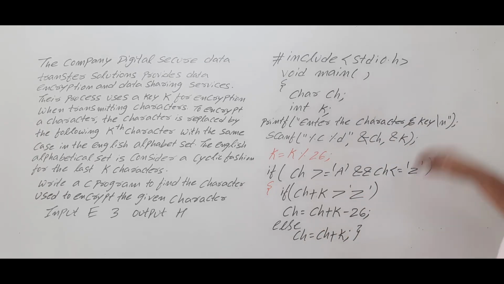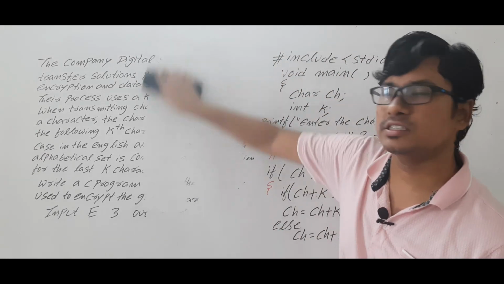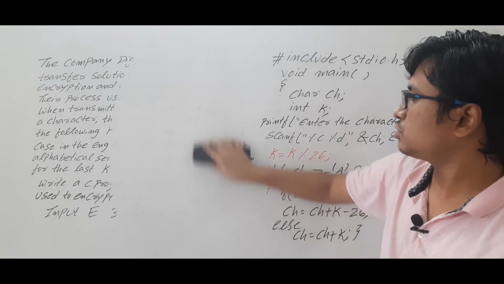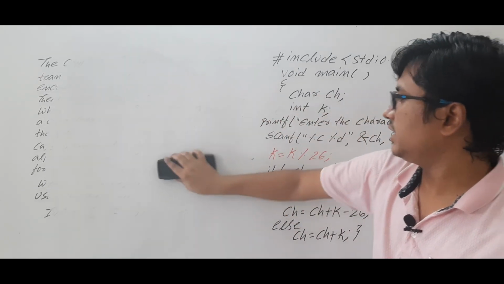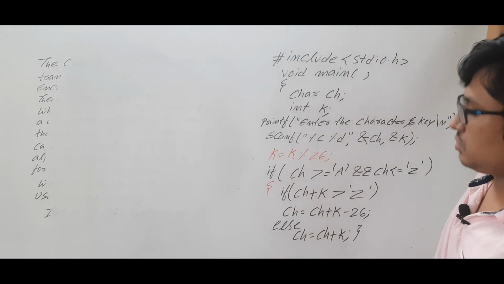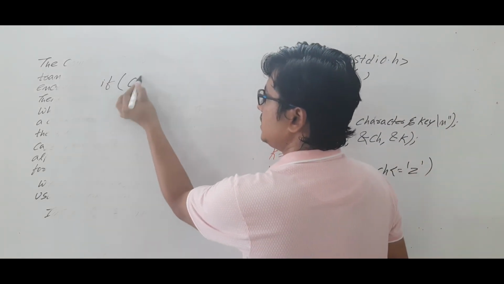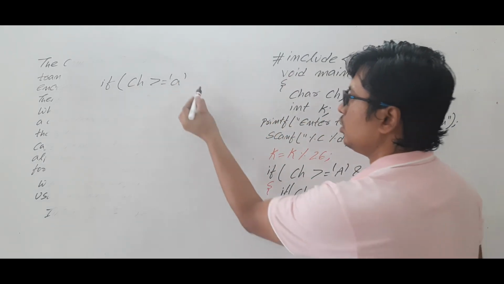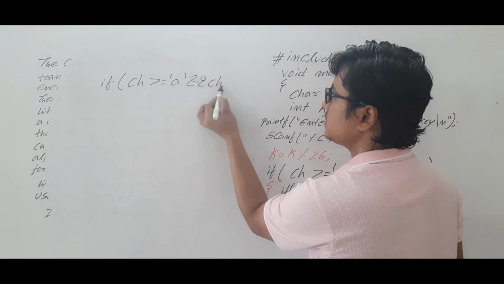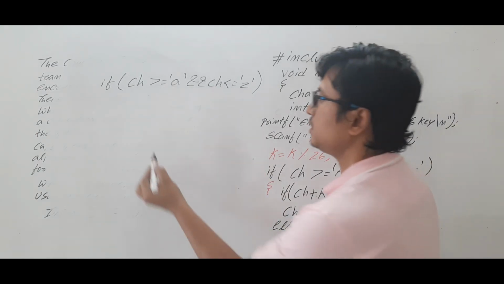Now we need to check whether the given character is lowercase, that is, between small a and small z or not. To do that, again I will write an if condition. If ch is greater than or equal to small a, logical and, ch is less than or equal to small z, then what you need to do?